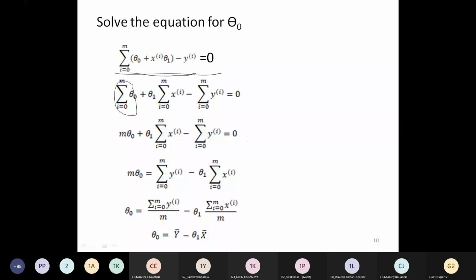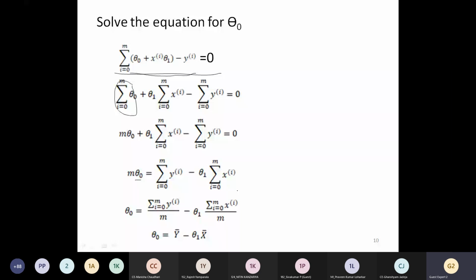Now we want the equation of theta 0 in terms of theta 1. So m theta 0 is equal to, I am taking sigma y and sigma x to the right side, sigma y minus theta 1 sigma x. Then theta 0 is equal to, taking m to the right side, sigma y upon m minus theta 1 sigma x upon m.